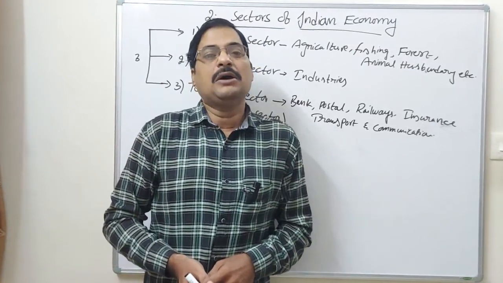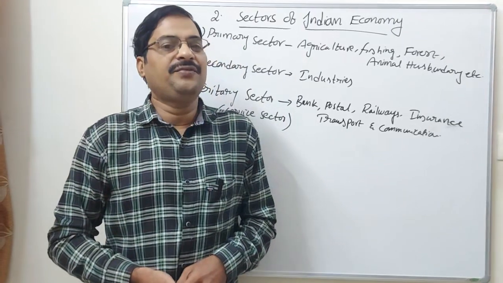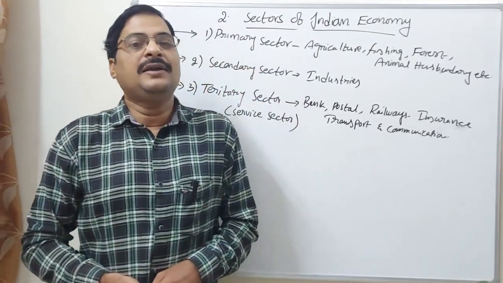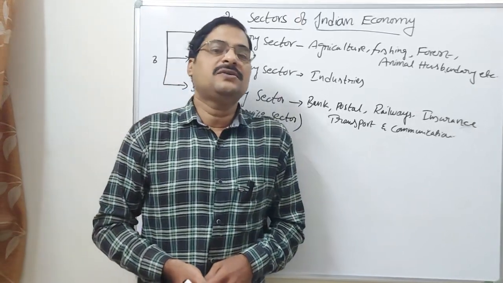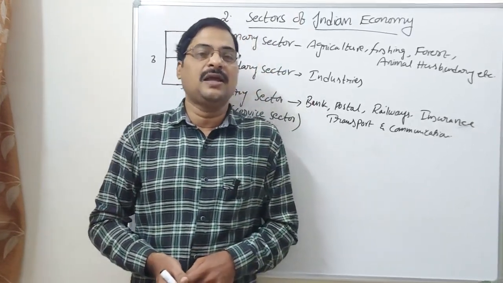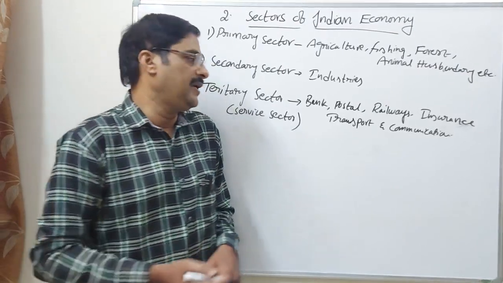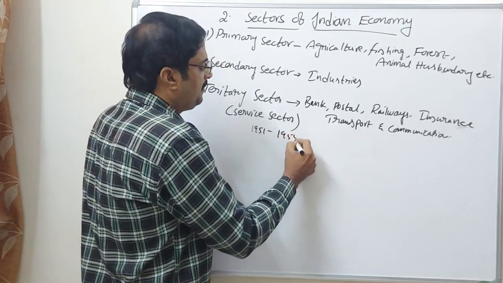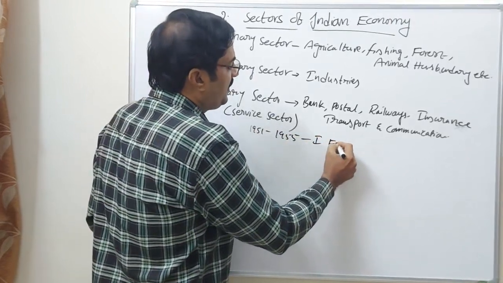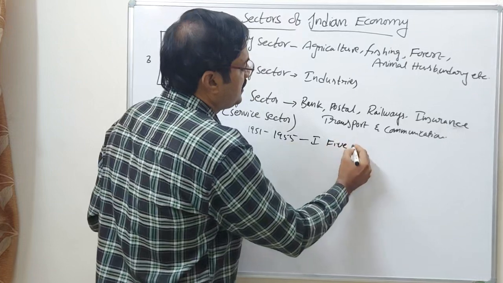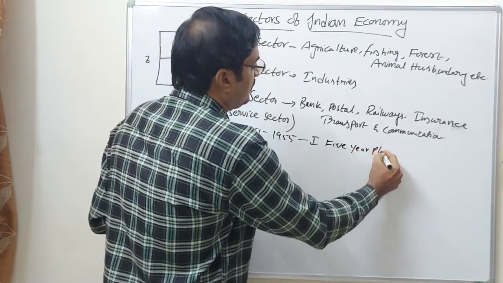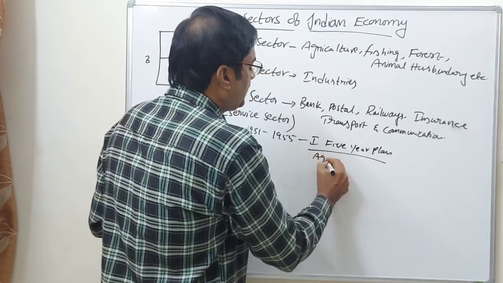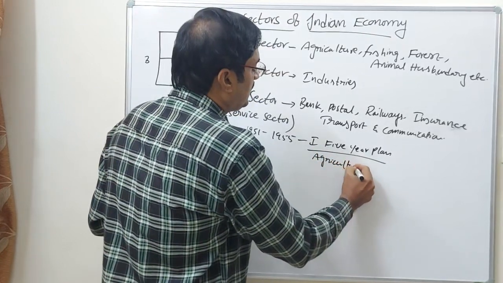That's why our government, in the first five year plan of 1951 to 55, under the leadership of Jawaharlal Nehru, who was the prime minister at the time, focused on the development of agriculture only.